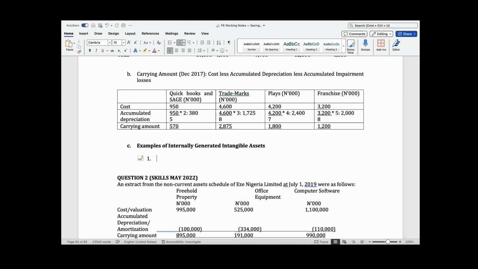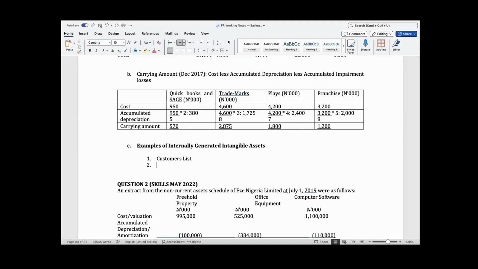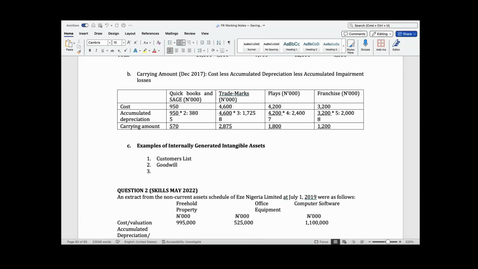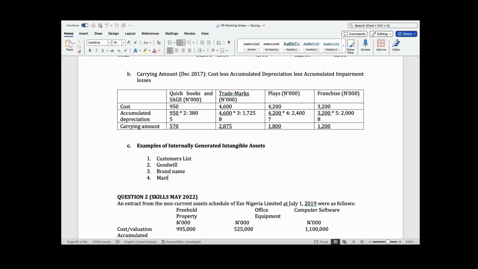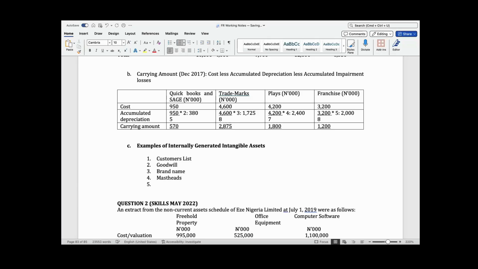I'm with you. Customers list. Correct. Number 2. Goodwill. Number 3. Brand name. Number 4. Patent.